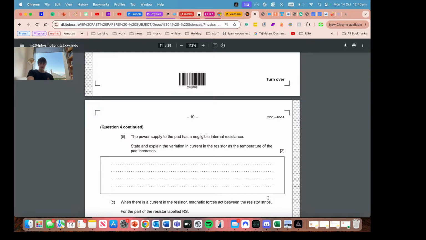But how is that zero? What tells you that that's zero? Fuck me.